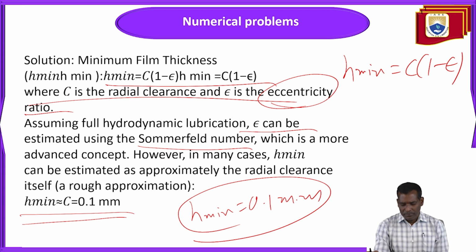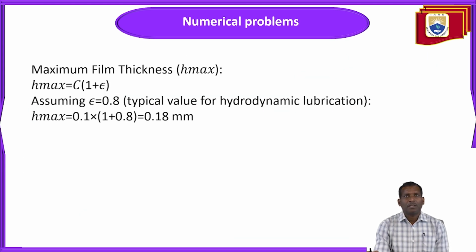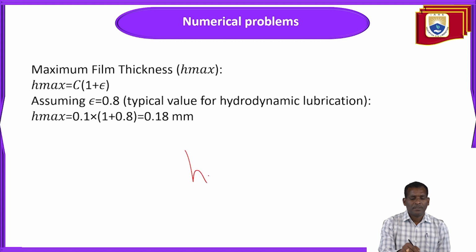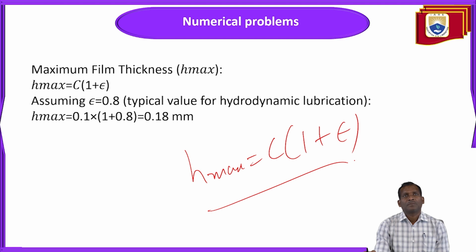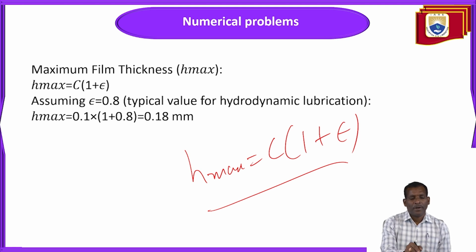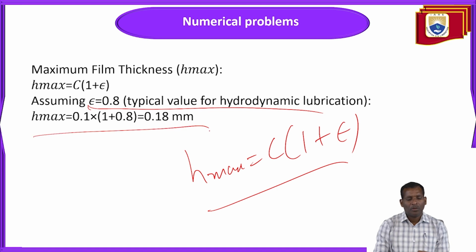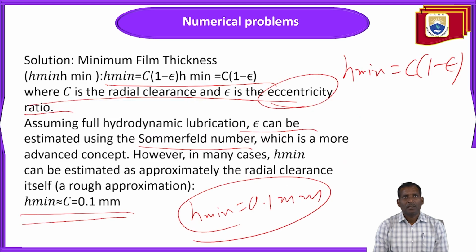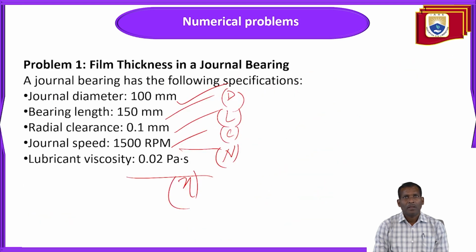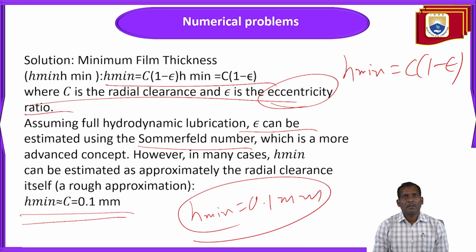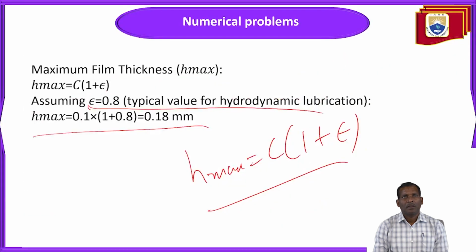That is C. So the maximum film thickness H max is equal to C into 1 plus epsilon. Assuming epsilon is 0.8, a typical value for hydrodynamic lubrication, H max is equal to, now substitute the given values, C 0.1 mm and epsilon 0.8.